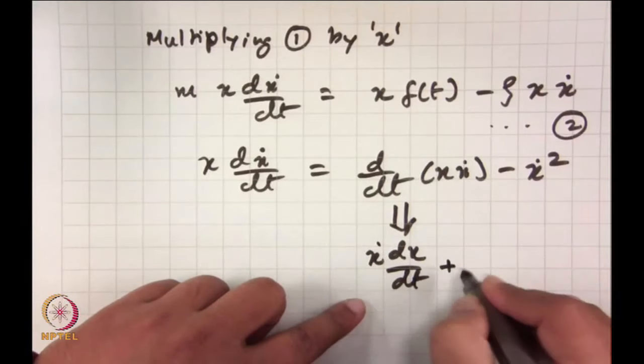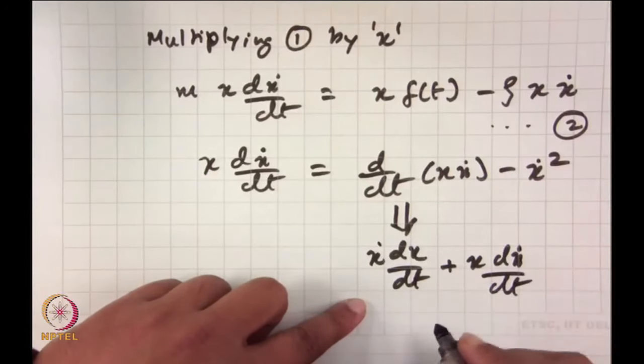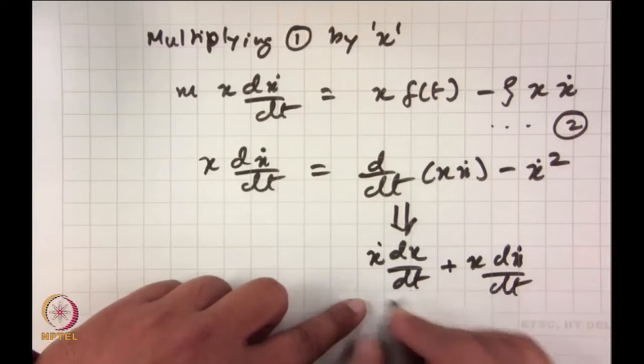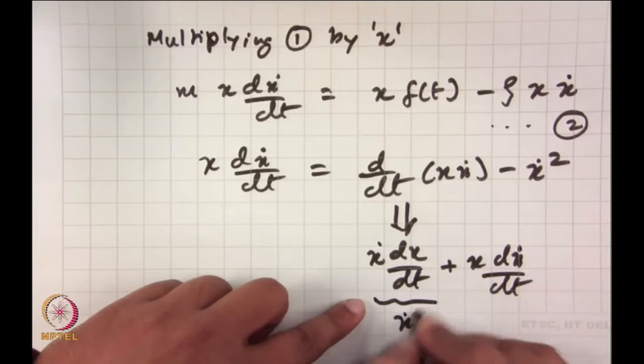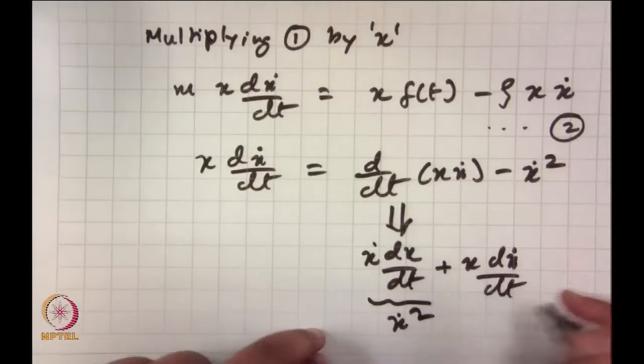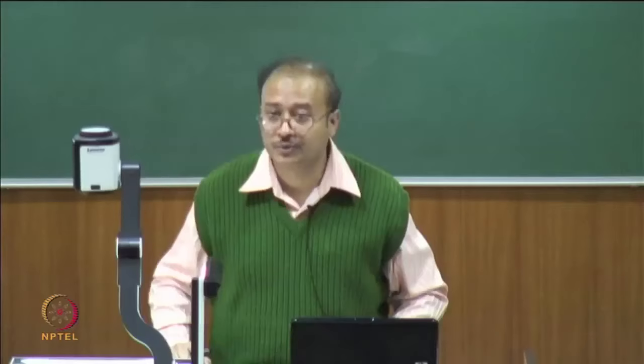Then the next one is x dx dot over d of t, right? And then you already have minus x dot squared. So, x dot squared cancels out, and you are left with x dx dot over d of t. So, that is a simplification, or one change we are putting through.